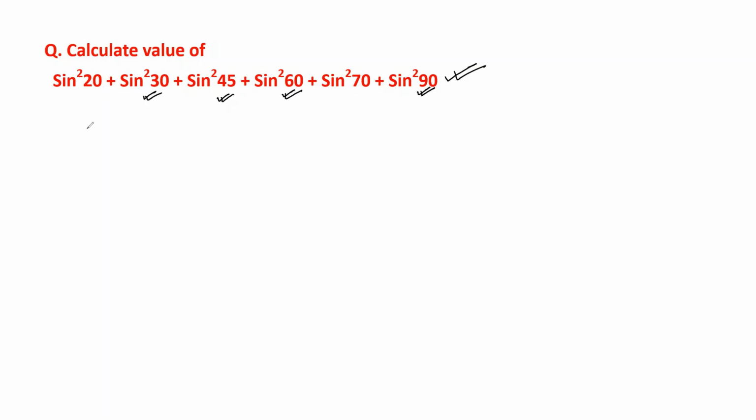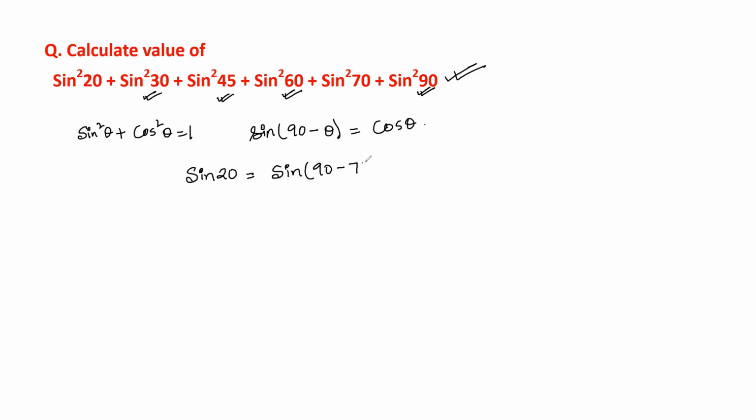But we know sine square theta plus cos square theta is 1, and sine of 90 minus theta can be written as cos theta.